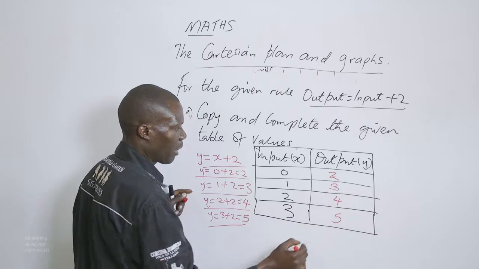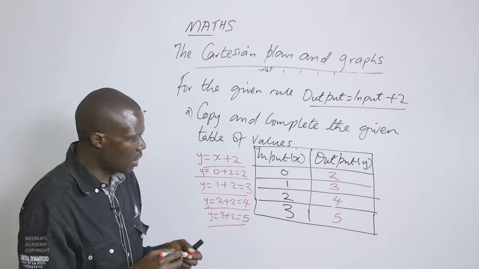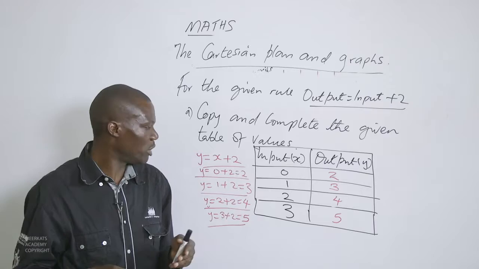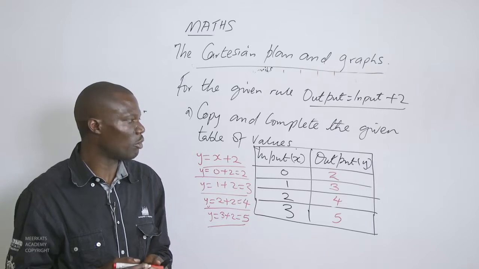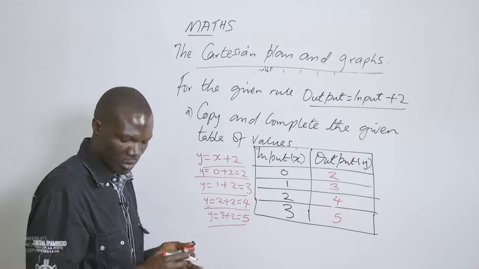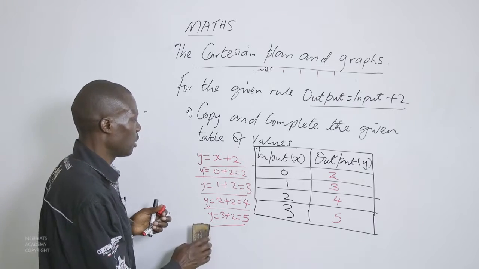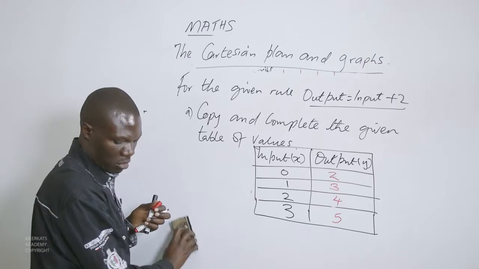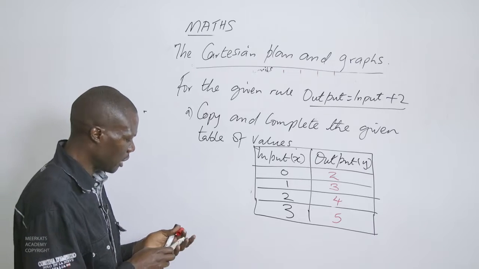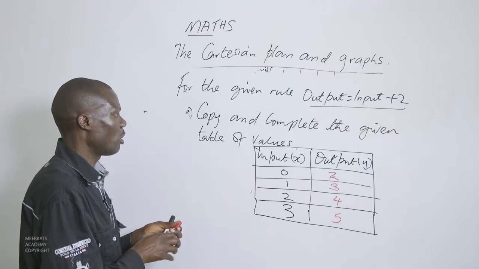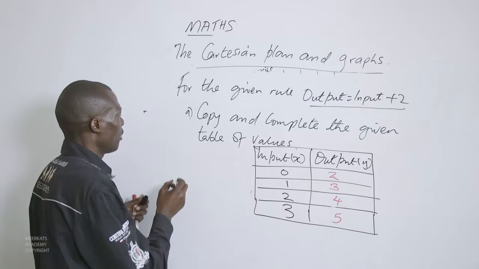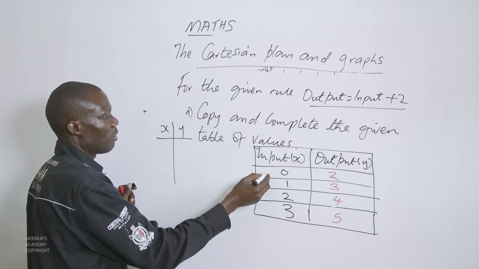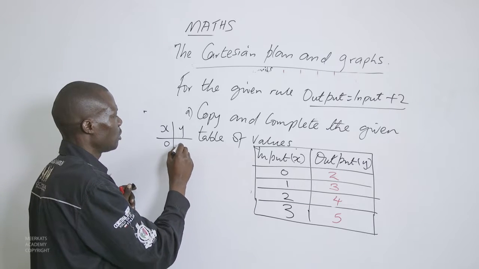and finally 5. So having said that, we ask ourselves what will be the respective coordinates for each given part. So I'll bring our table of values on the side here. So the table is x and y. From here, when x is 0, y is 2.